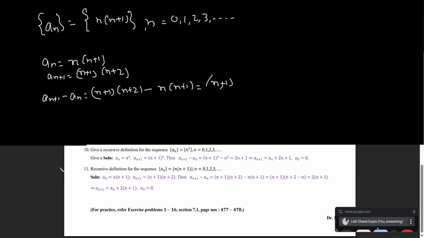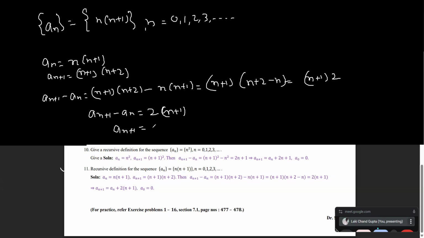So take n plus 1 common. What will you get? N plus 2 minus n, right? Into 2. Right. So a n plus 1 minus a n is 2 n plus 1. So a n plus 1 will be what?